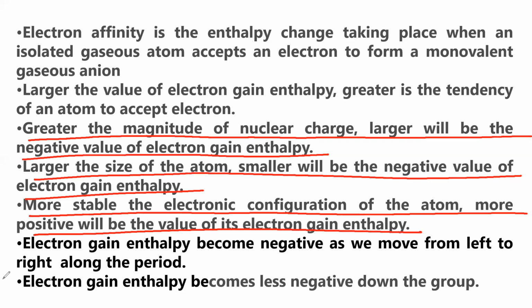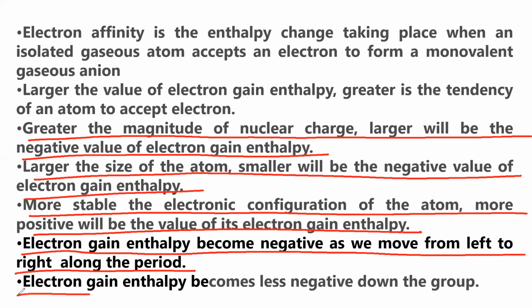Electron gain enthalpy becomes negative as we move from left to right along the period, because of going from metals to non-metals. And electron gain enthalpy becomes less negative down the group.